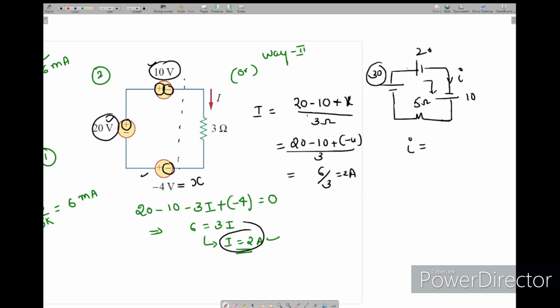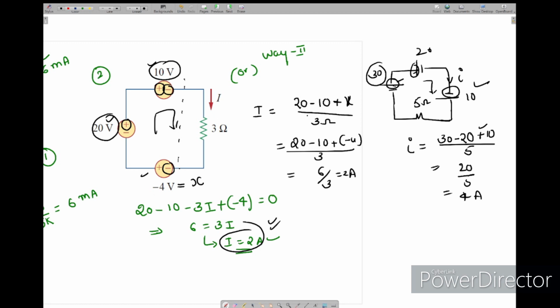See, this 30 positive and this positive connected, so you can do subtraction, 30 minus 20, and for this 30 volts it is positive, so this is positive and this is negative, so I will put addition. So like that we can continue. So 30 plus 40 minus 20, 20 by 5, we have 4 amps for this particular network. So directly we can write in such a way that this positive connected, subtract, again this positive, this negative connected, so addition. Like this we can continue, or we can use KVL and we can write the current.